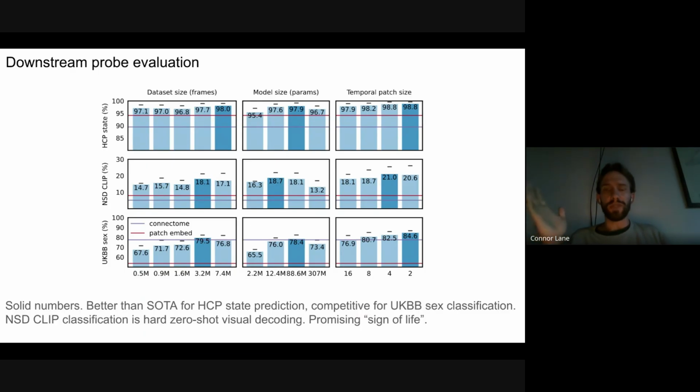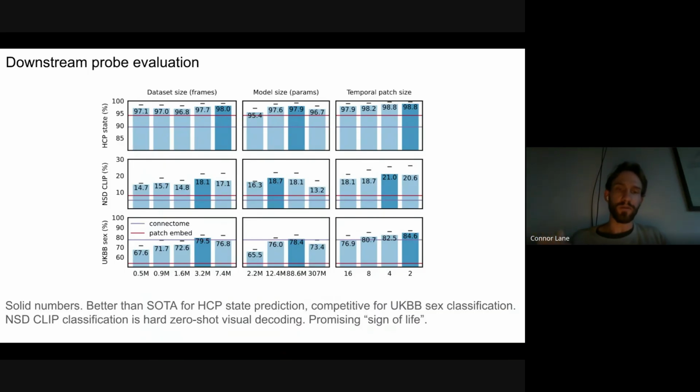I'll just distill this down rather than go through each column to say that we're getting really good performance on the ACP cognitive state decoding, where the current state of the art that has been reported is around 94-ish%, and we're getting over 98% and basically approaching ceiling on this task. So we're already convincingly beating the state of the art in this particular task.